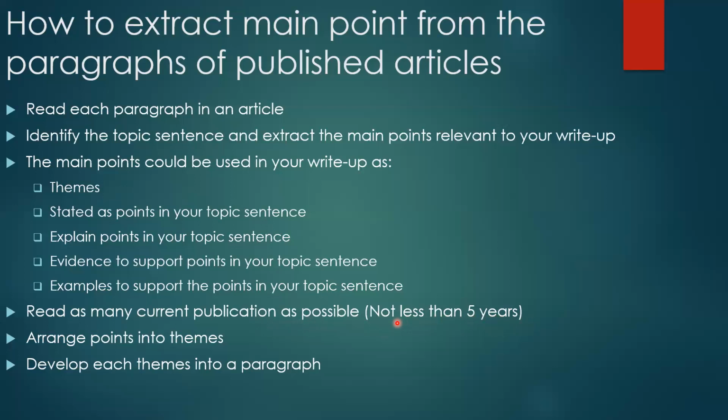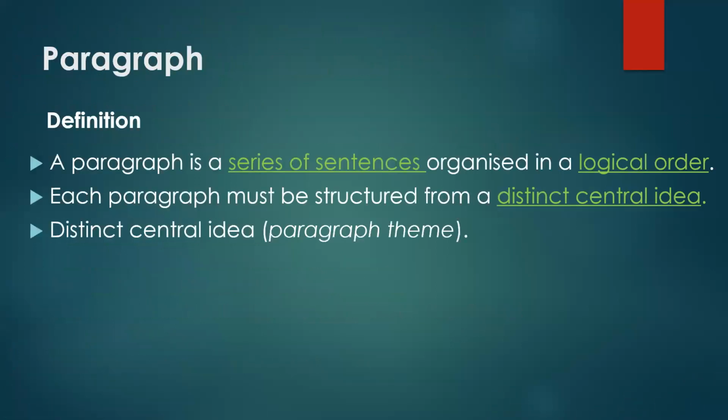You can get older papers, but I advise students that maybe 70 to 80% of the papers they are citing in their work should not be more than 5 years old. Arrange points into themes and develop the themes. You arrange points into themes, and then you develop each theme into a paragraph. So I've said that is when you are writing a paragraph.